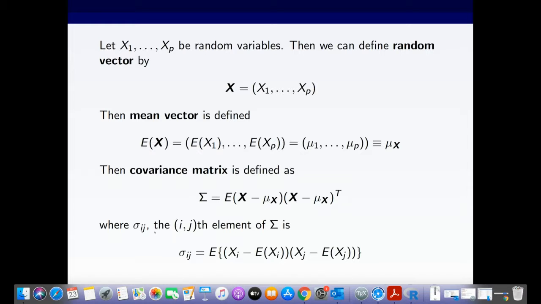So the ij element of sigma is the expectation of the product of xi minus expectation of xi and xj minus expectation of xj, which is the usual covariance when we have two variables. And if i is equal to j, we have the usual variance.